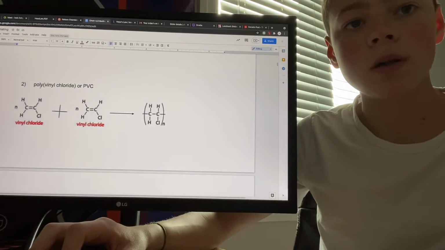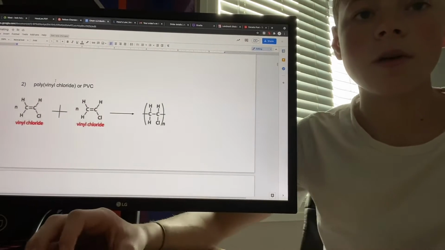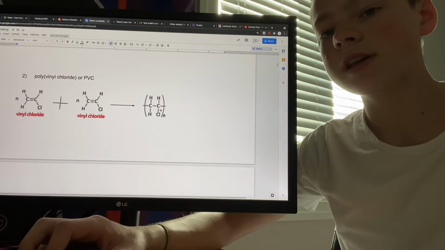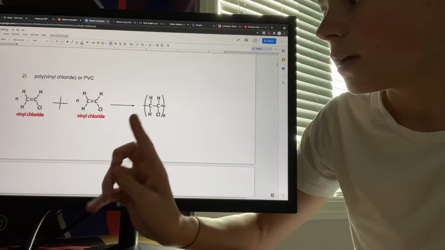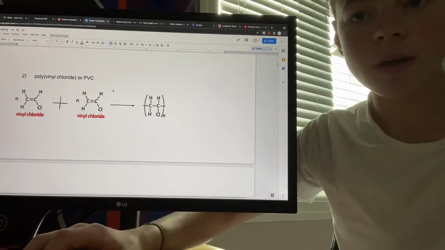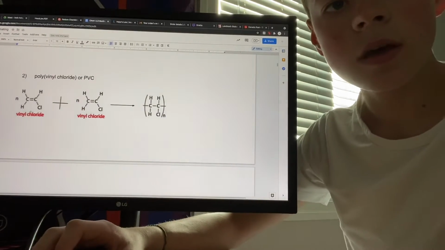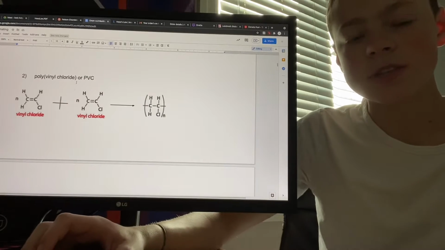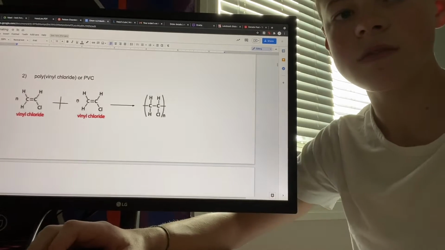This is vinyl chloride, or PVC, as some may know it. And you can also draw it like this, which is another way to draw it. It's a little bit simpler. Basically, when you have something like chlorine, the monomers also have to be the same, so they can't be different stuff for addition.